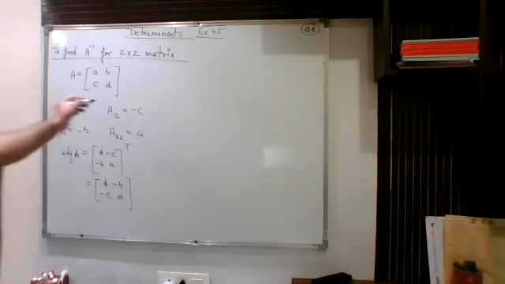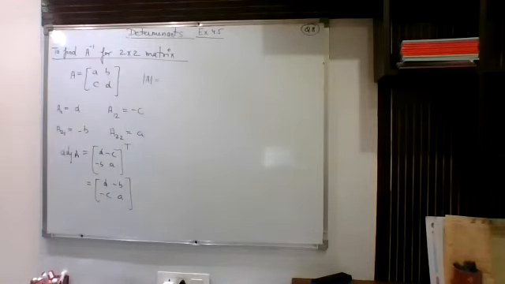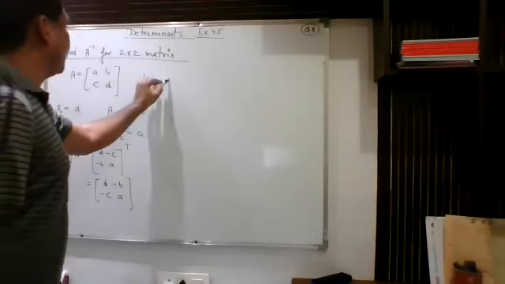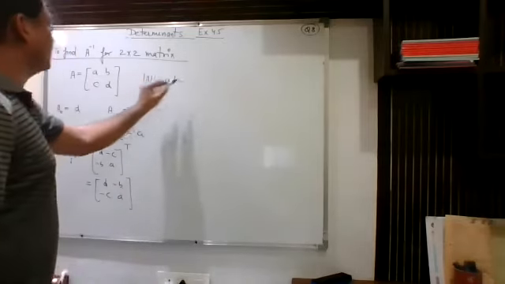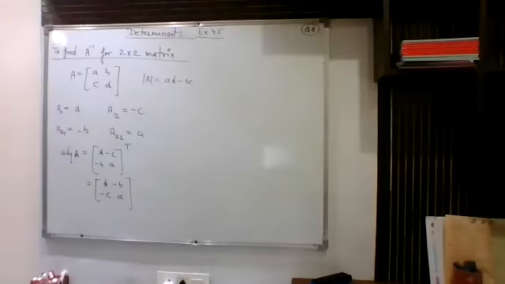Now, in order to find its inverse, let us find out the determinant of this original matrix. So you know how to find determinant of 2 cross 2 matrix. Just multiply these two, so it will become AD minus this into this BC. So it is coming out to be AD minus BC.